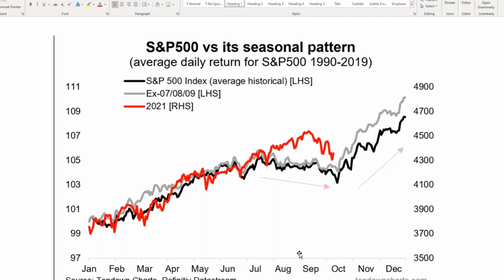And then we've got the grey line, which is the same, but excluding the global financial crisis, because that was an extreme outlier, extreme weakness, and made this black line so deep. So unless you think there's another year like that on the way, it's good to take it out and just average the other years since 2009.